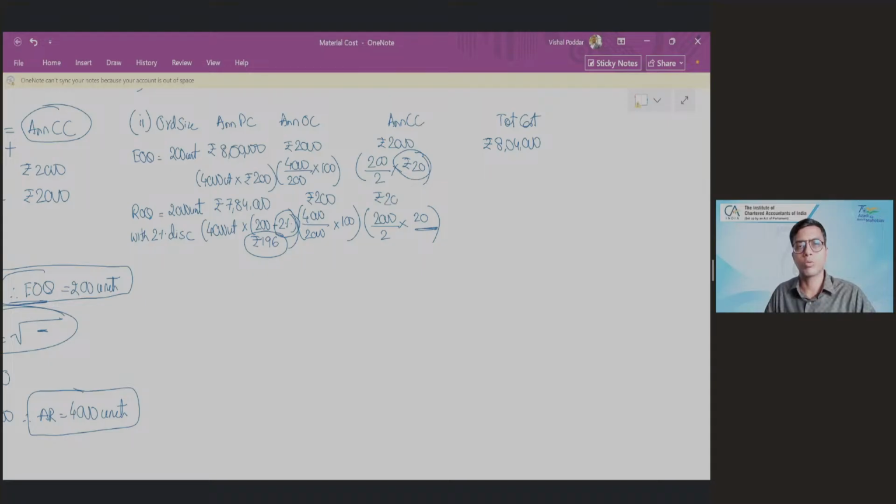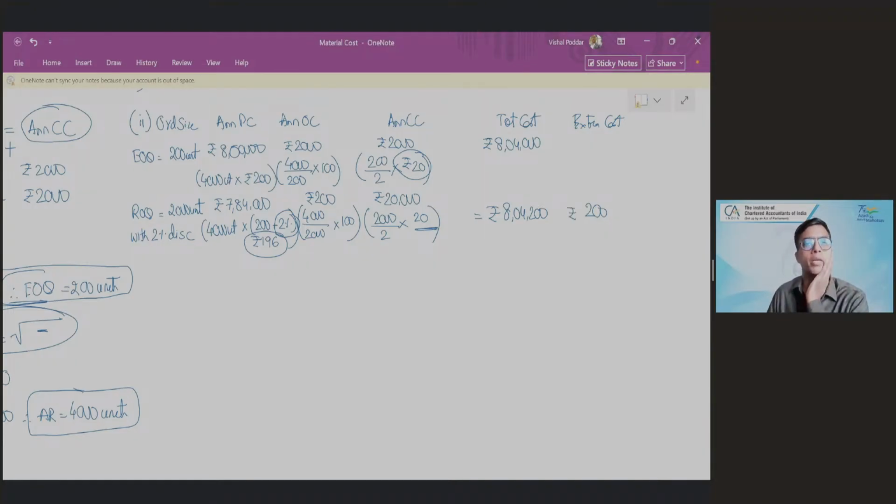So, 20,000 and now the total cost 784. So it is 8,04,200. How much is my extra cost? If I have to go as per the supplier, it is rupees 200 extra cost.